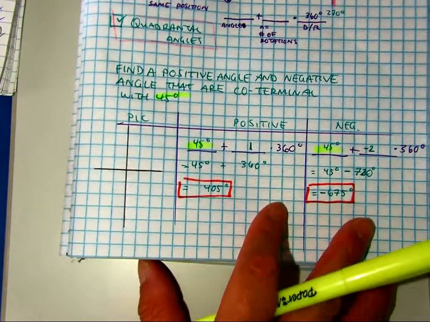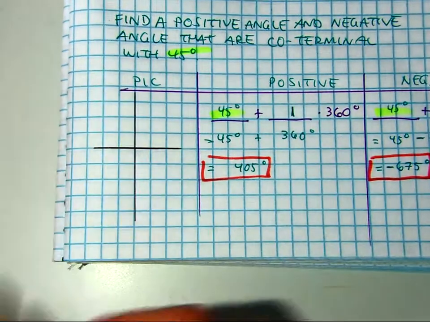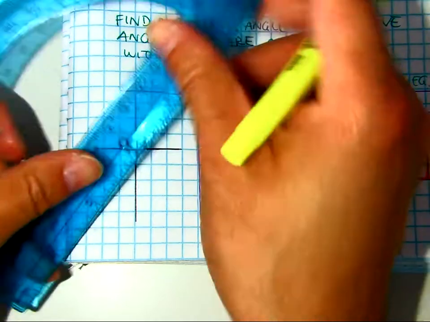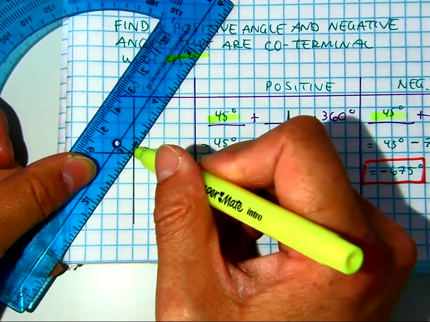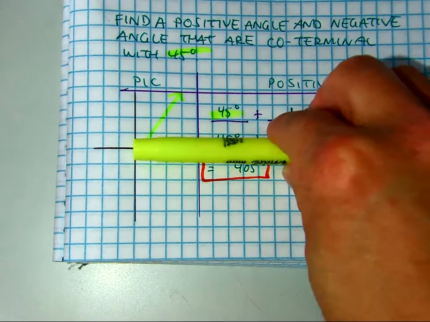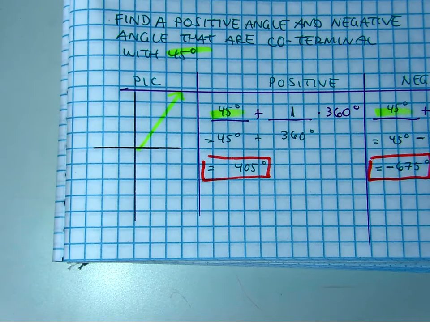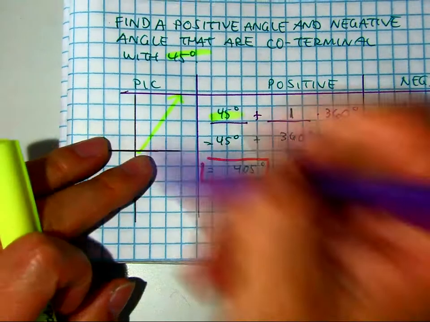I know 45 degrees would be in quadrant 1. I know that this is 90, so it has to be in between here. So 45 should be something like this. Remember, this is my starting point, and then you're going up. Okay? Let's mark that, 45 degrees.